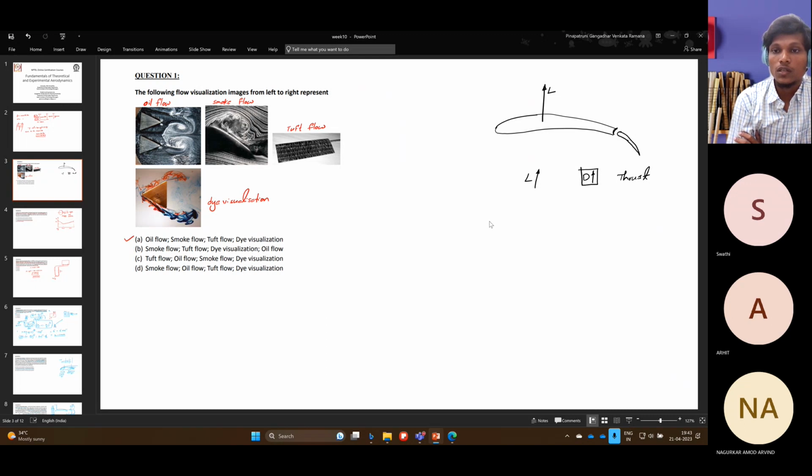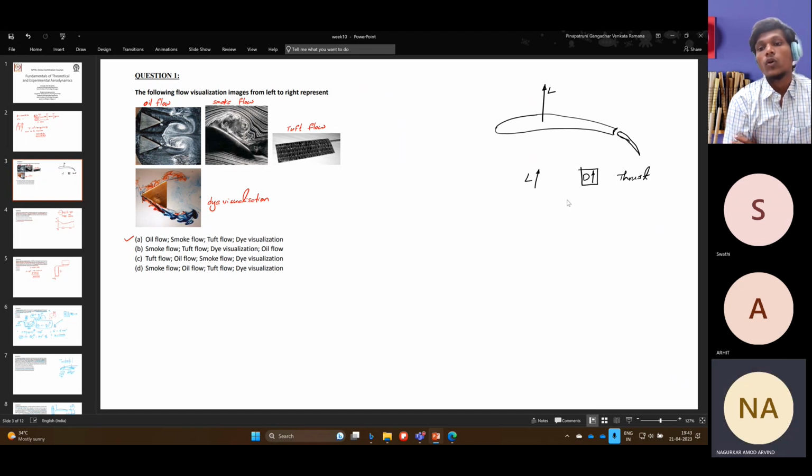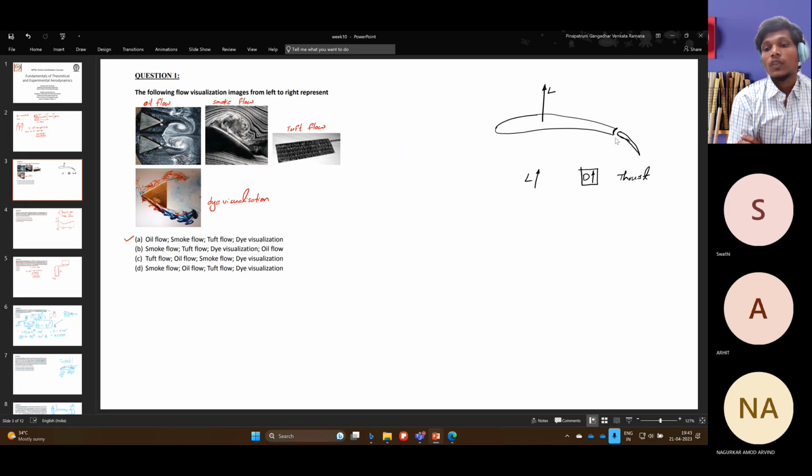Landing, your question is to decrease the velocity of the aircraft. To decrease the velocity, I can deploy a particular kind of device. Let me just name it a device, but not a flap or spoiler. Why do I need to deploy this flap in the downward direction?